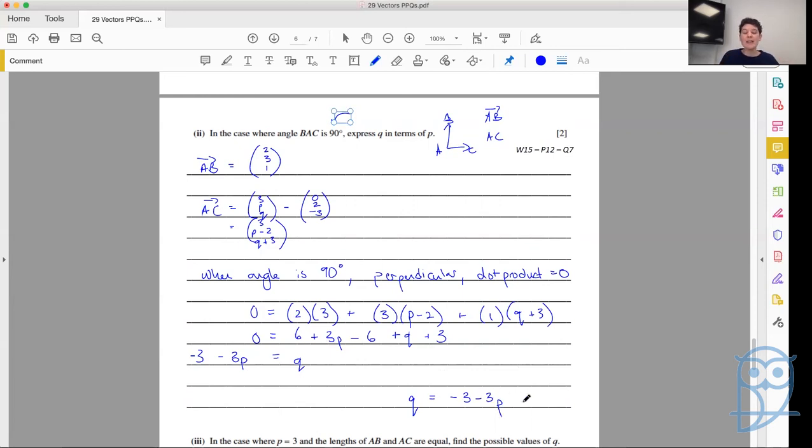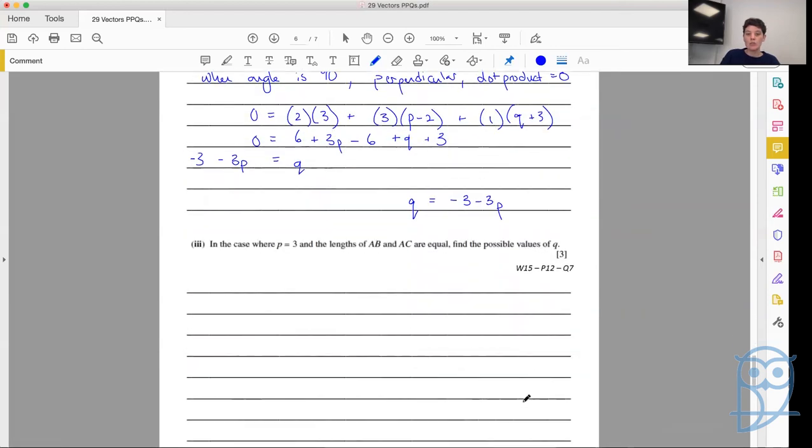So perpendicular vectors are a very, very handy tool when you're looking at a dot product equals 0, because we don't need to work with cos, we don't need to work with magnitude, we can just focus on that dot product. Whenever you see it, take that opportunity with both hands.